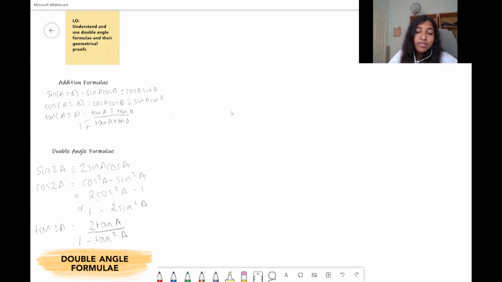So moving on to the double angle formulae, I've written them all out here, but you need to know how to derive them from your addition formulae. So let's try that out.